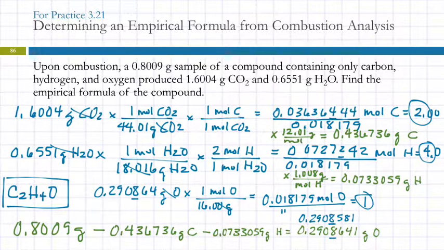Yes? This number, this guy down here? Yeah. So I got the mass of oxygen by taking the mass of the compound, subtracting the mass of carbon and the mass of hydrogen.